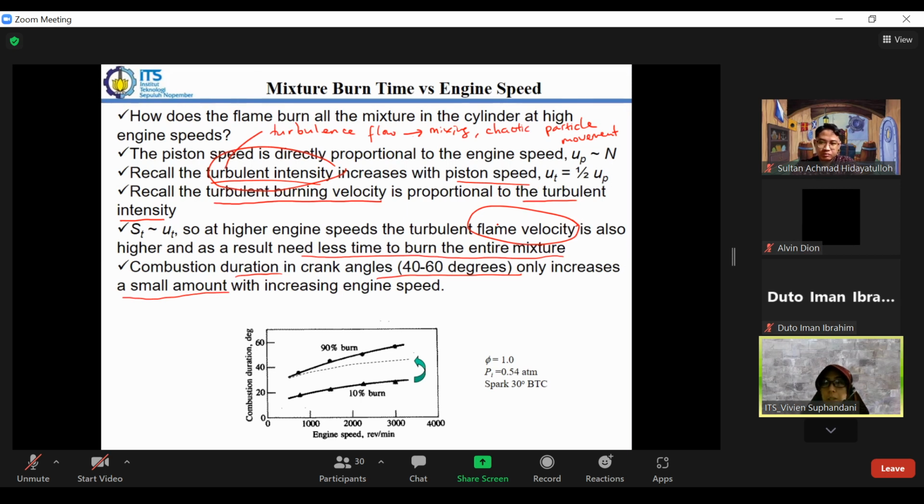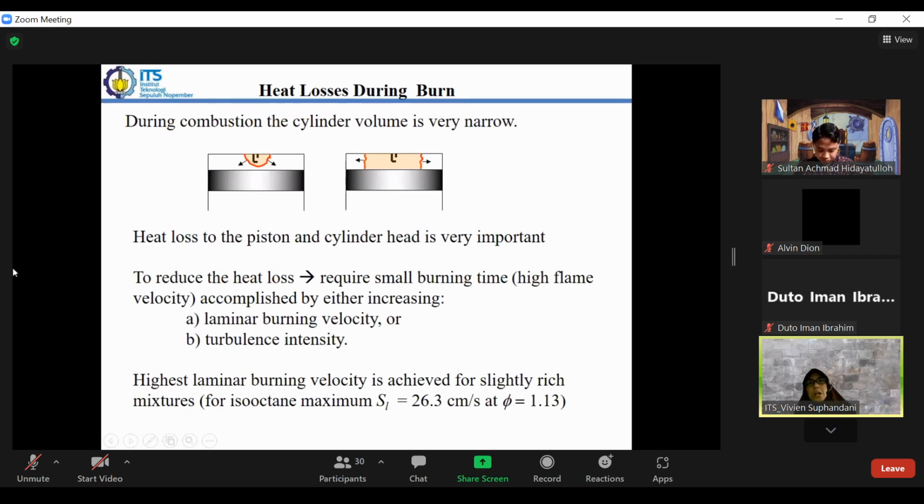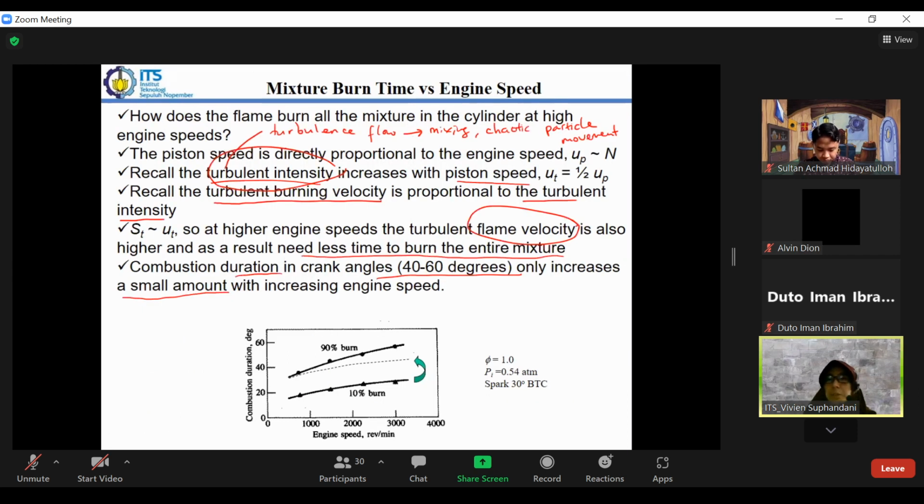That's why we often design a cylinder so that it will increase the turbulence intensity inside. This also relates to the design of the cylinder, and why the exhaust and inlet valves are usually positioned at a certain angle.